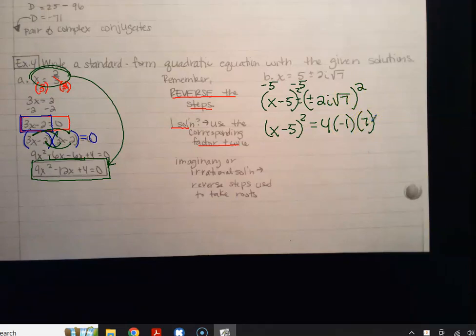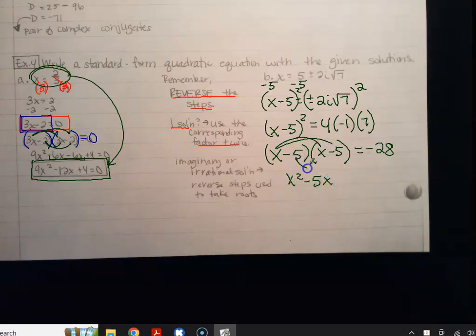So then we have the quantity x minus 5 times the quantity x minus 5 equals negative 4 times 1 times 7, which is negative 28. We're going to go ahead and FOIL: x times x is x squared, x times negative 5 is minus 5x, negative 5 times x is negative 5x, negative 5 times negative 5 is a positive 25, and that equals negative 28.